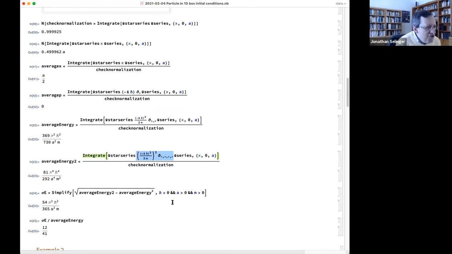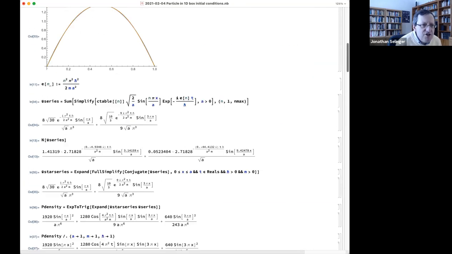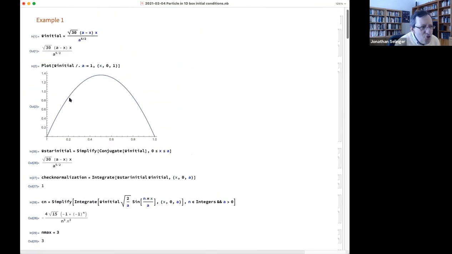And the uncertainty in the energy is not zero because it's not exactly a pure state. It has a little bit of state number 3 mixed in with mostly state number 1. So that is an example where the initial state was pretty close to one of the single stationary states, but not exactly.